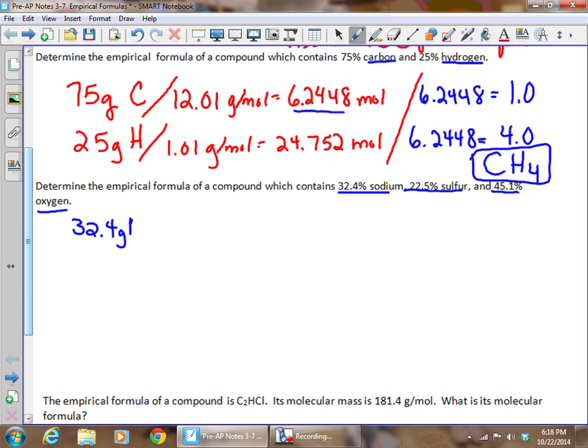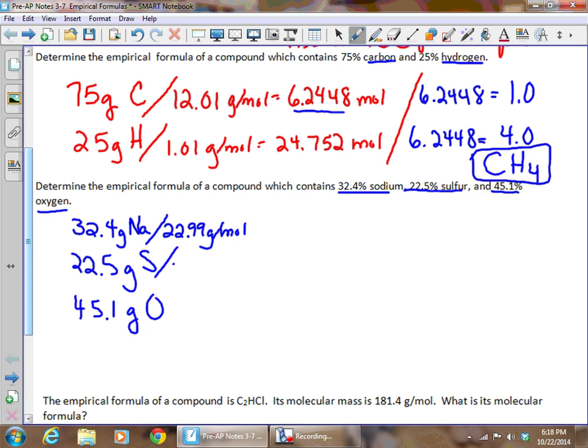grams of sodium, there's 22.5 grams of sulfur and 45.1 grams of oxygen. And then we're going to do as we did up above in that step, divide by the molar mass, which is 22.99 grams per mole for sodium, 32.07 grams per mole for sulfur, and 16.00 grams per mole for oxygen.